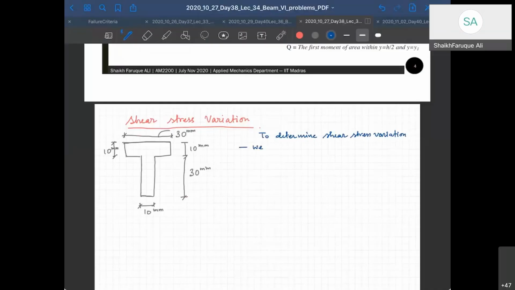We need neutral axis, y bar. And how do you find y bar? We have dealt with this before. How to find y bar? Let's say we look from the bottom axis.